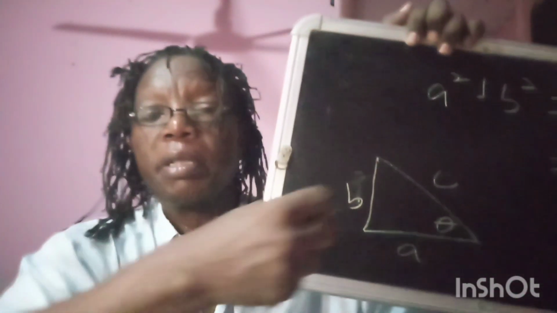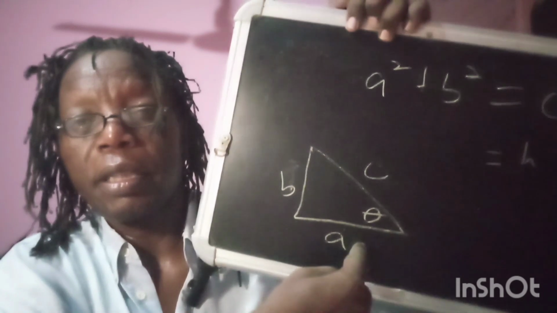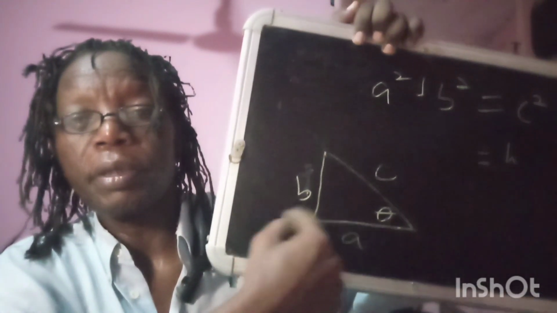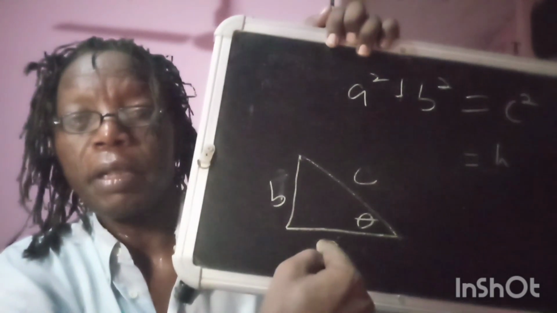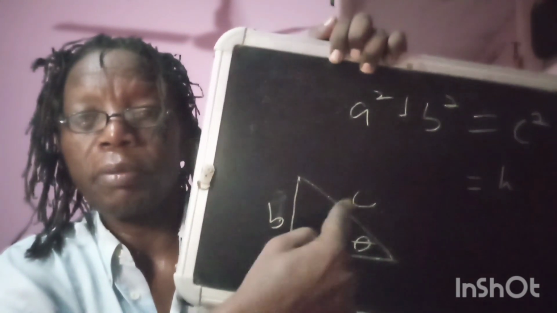You can name it the way you want. You can say A is this one, B is this one, and C is this one. It doesn't matter how you name it. So say this is adjacent, this is opposite, and that is hypotenuse, and that formula shows that if you square this and square that, it is equal to that.